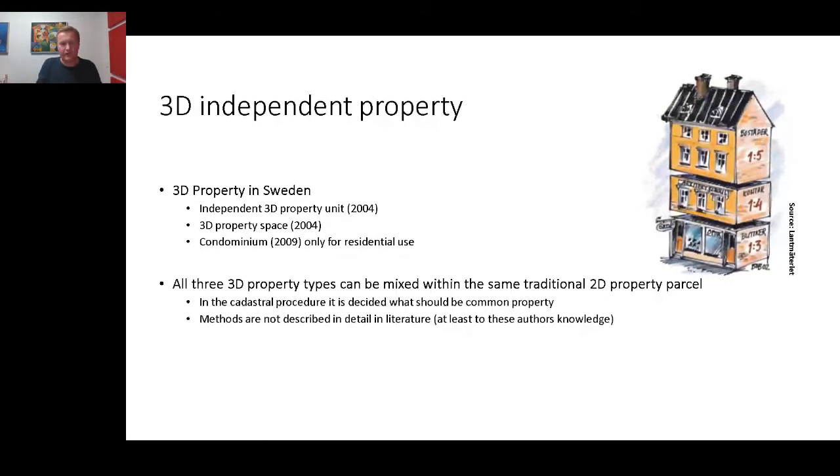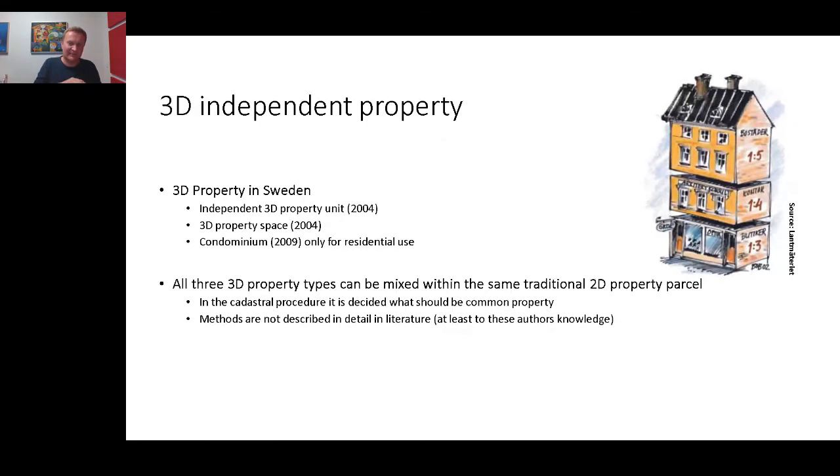And also in 2009, there was another 3D property implemented, which was the condominium property. This is very different from the traditional condominium system. This condominium type can only be used for housing purposes. So all these 3D property types in the Swedish case can be mixed in the same building.